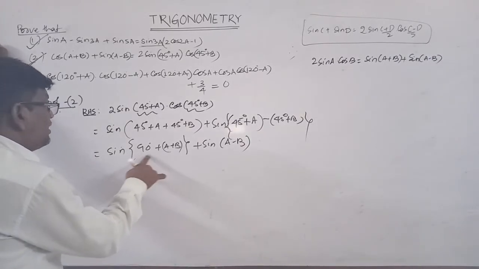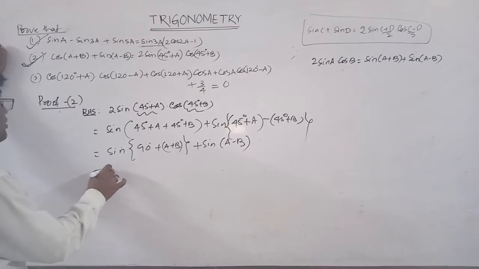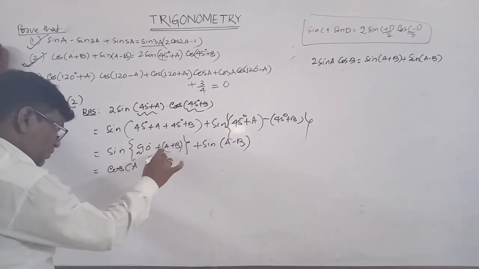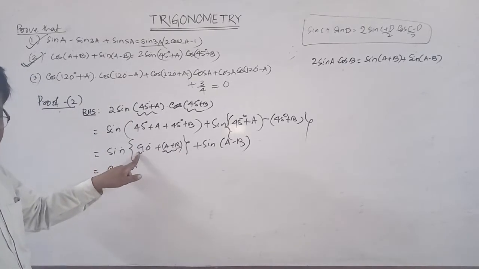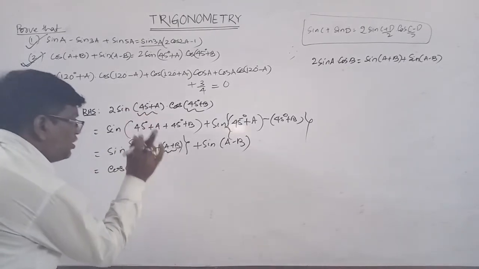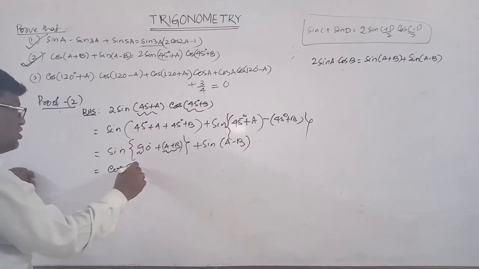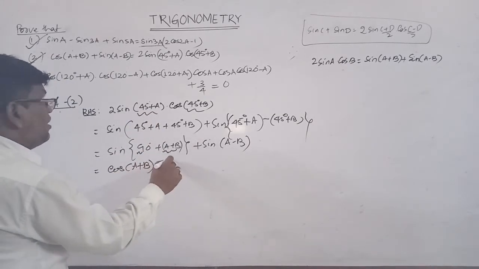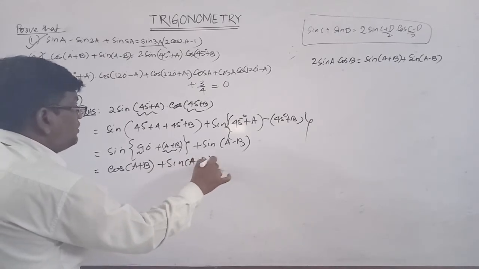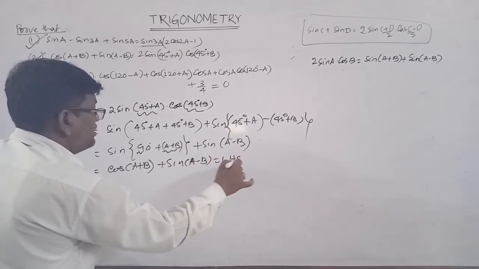So this is sin (90 plus theta), which is cos theta. Sin (90 plus theta) is equal to cos theta, where theta is A plus B. So cos (A plus B) plus sin (A minus B). This is equal to the left hand side.